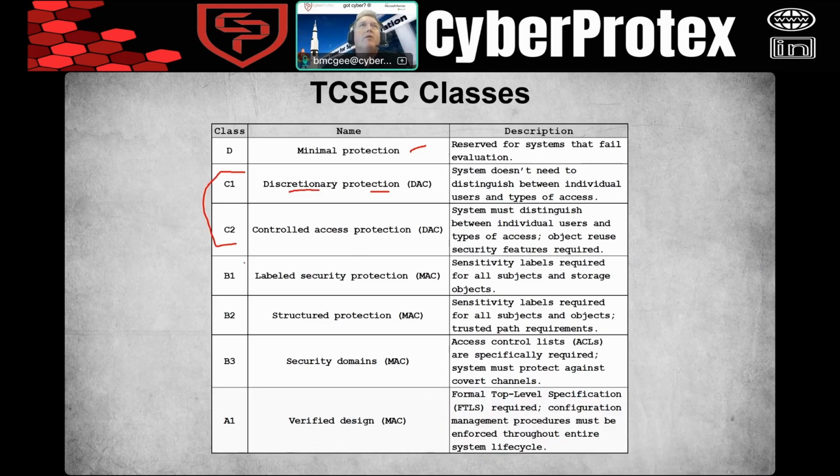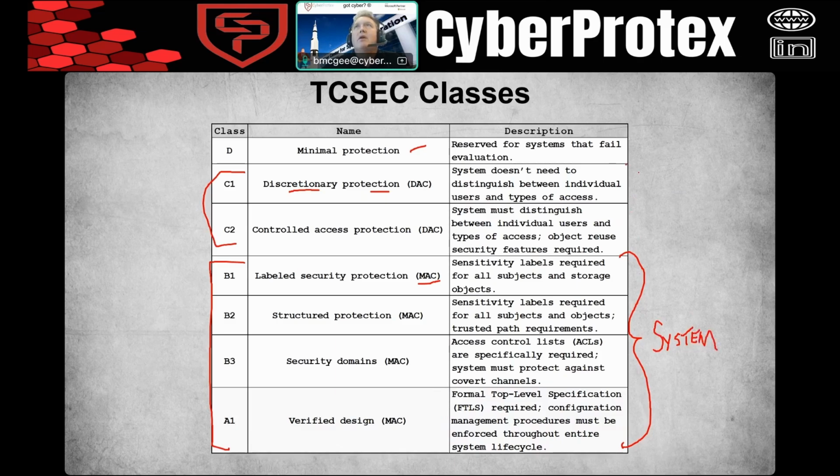Then you move up here to the B and A, that gets into what's called the mandatory access control. And all of these are controlled by the system. So mandatory access control is owned and controlled by the system. Sorry for my handwriting there.